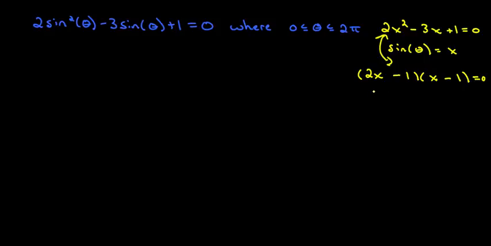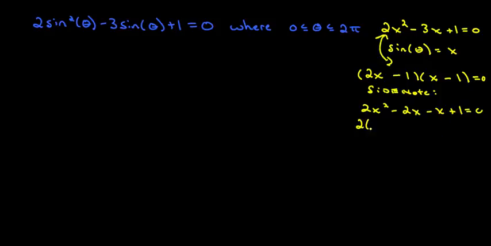Now, just as a side note, what I've really done is I've said 2x squared minus 2x minus x plus 1 is equal to 0. I took the negative 3x and split it into 2x and a negative x.